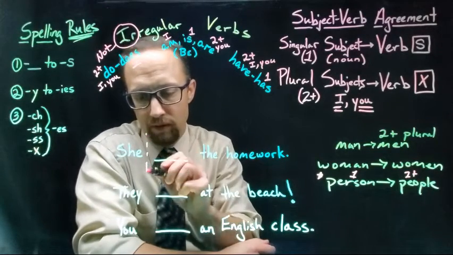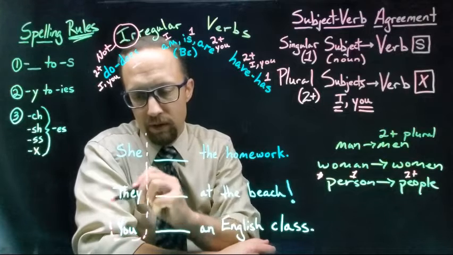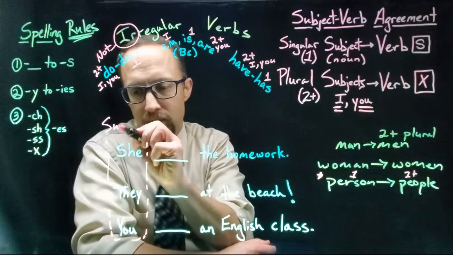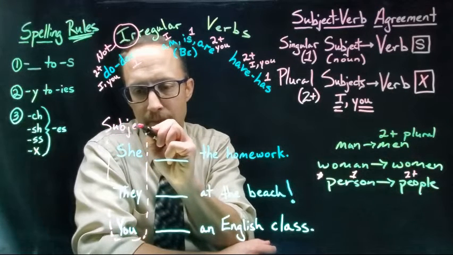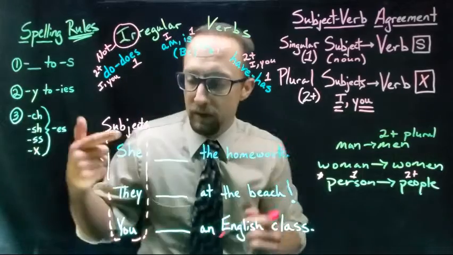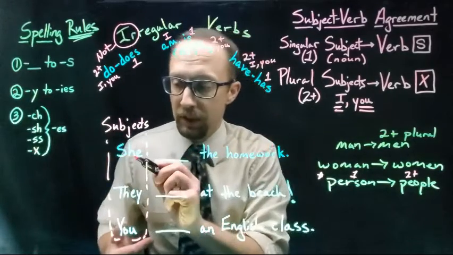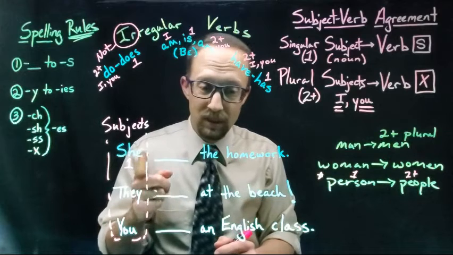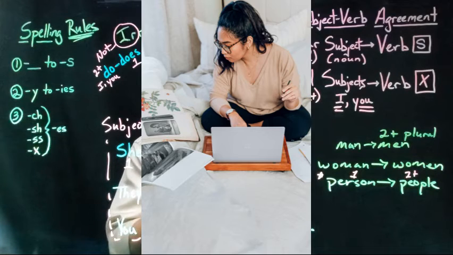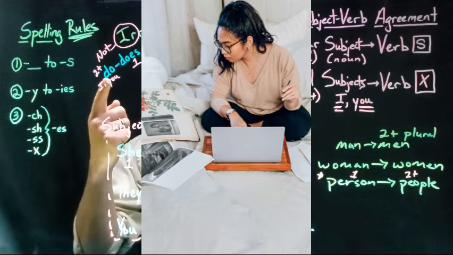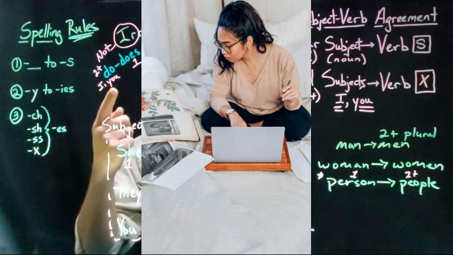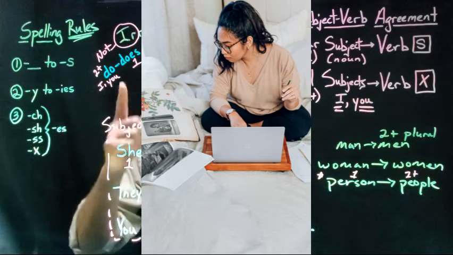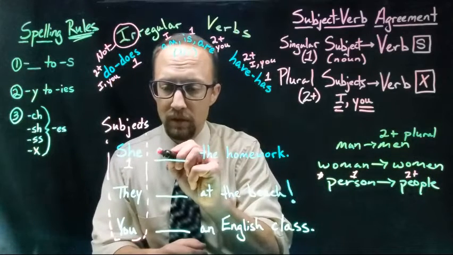Here are our subjects. So she is one, singular. She, the homework. So I'm going to use do or does. She is one, so she does.